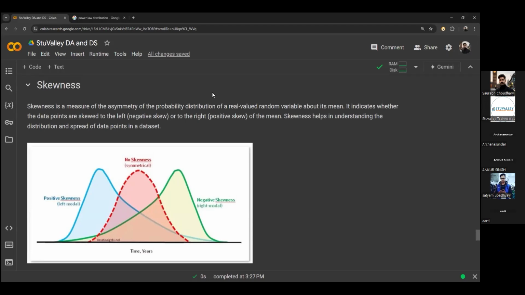It indicates whether the data points are skewed to the left. Left one is called negative skew, right one is called positive, and skewness helps in understanding distribution and spread of data points in the data set. This is positive, the blue one, and the green one is negative.